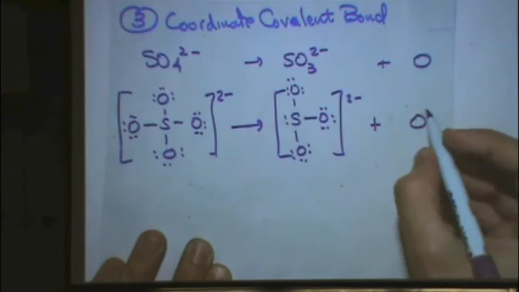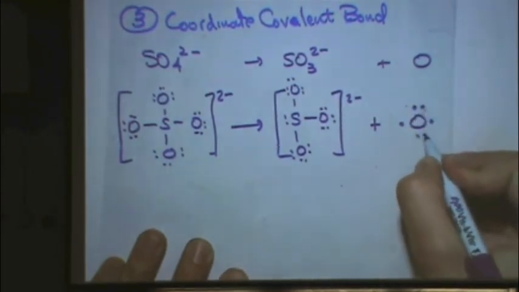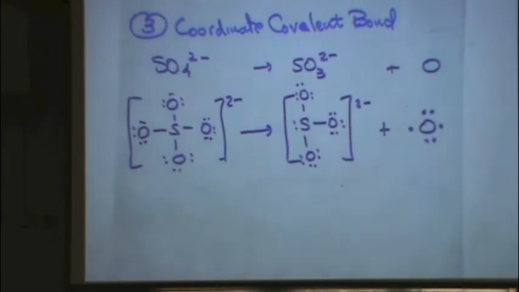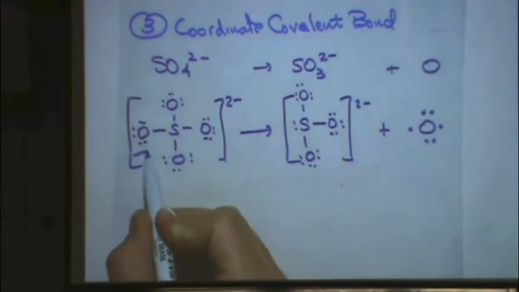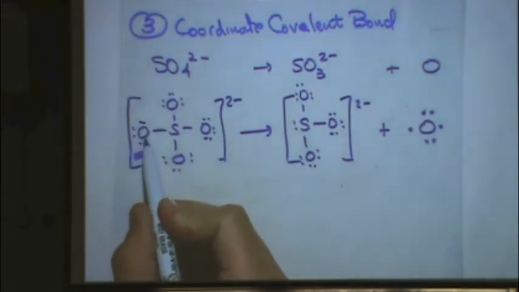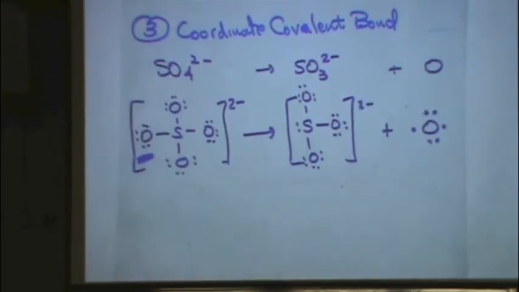And then that oxygen, let's draw the Lewis symbol for it. Looks like that. All right, now let me get a different color. In this case, see how this oxygen here on the left-hand side, this one right here, has 6 electrons around it and 1 bond. Okay, if you didn't know, 1 bond means 2 electrons.